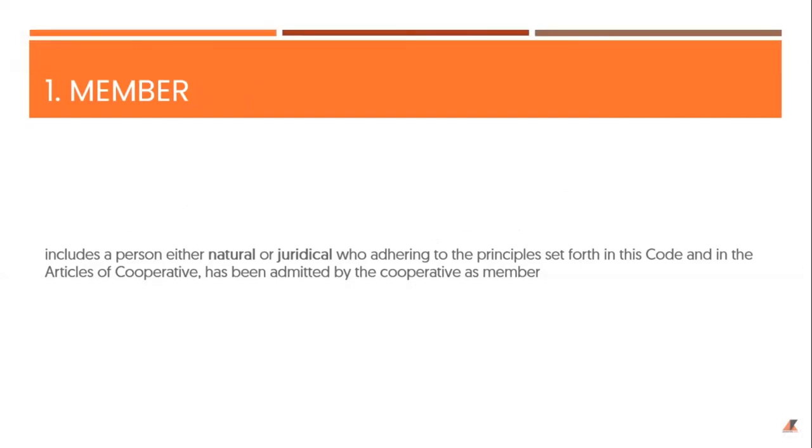So, depending on the type of cooperative, pwedeng ang member niya ay natural or juridical person. Pag sinabi nating natural, totoong tao. Pag sinabi nating juridical, ito yung mga artificial persons such as corporations, partnerships, sole proprietorship businesses, or another cooperative.